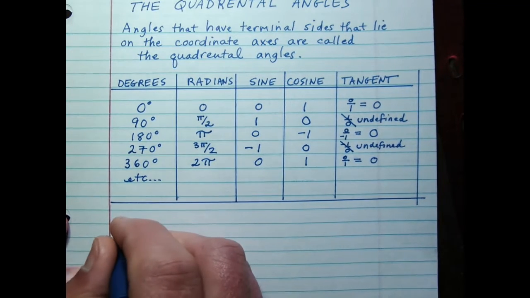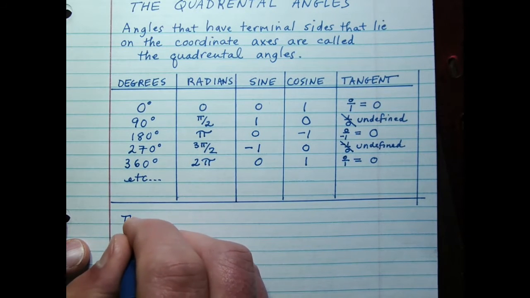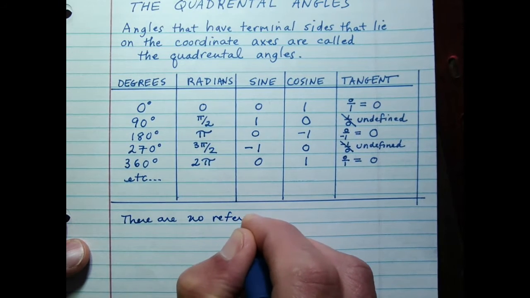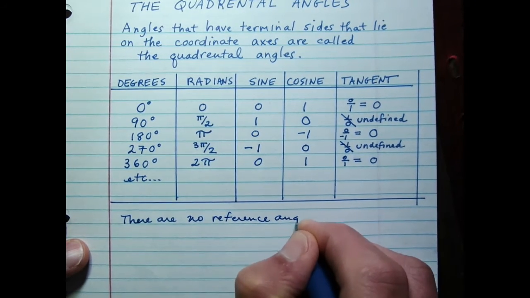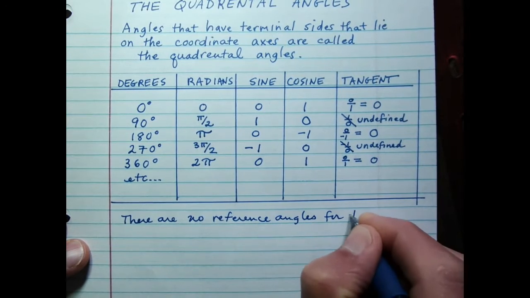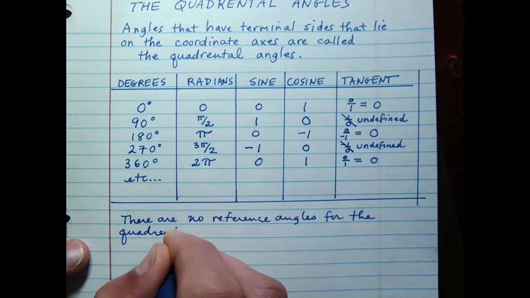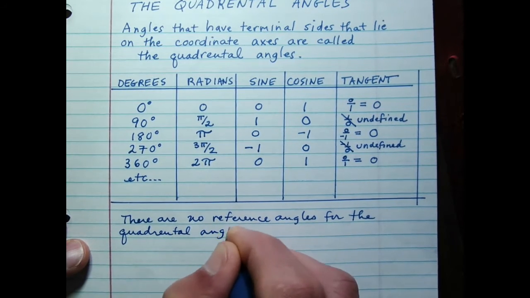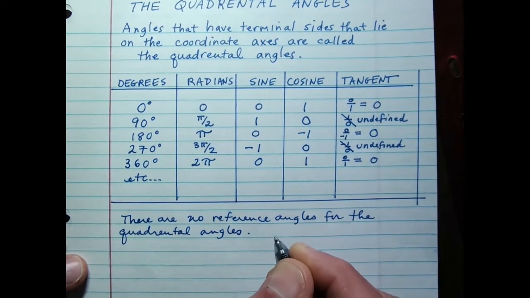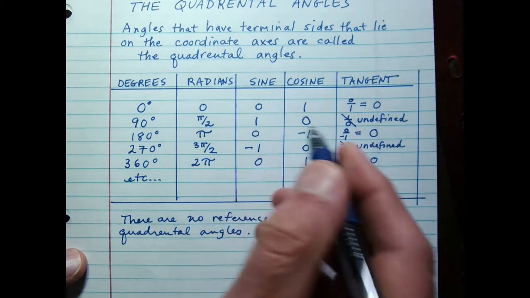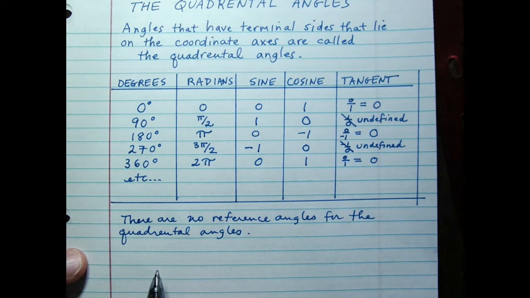Just a couple comments here. There are no reference angles for the quadrantal angles. And we don't need them because reference angles are meant to help us calculate values of sine and cosine. We can get the values of sine and cosine so easily from the x-axis and y-axis intercepts with the unit circle.